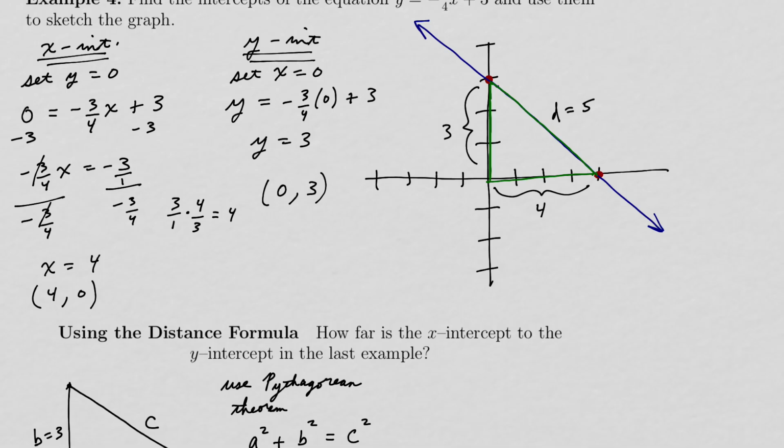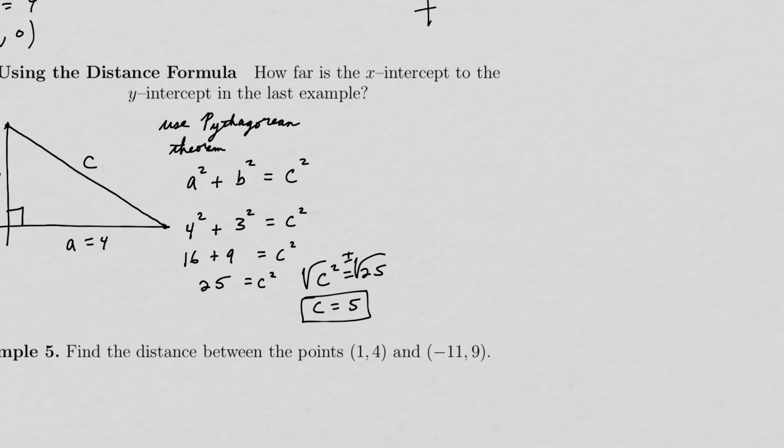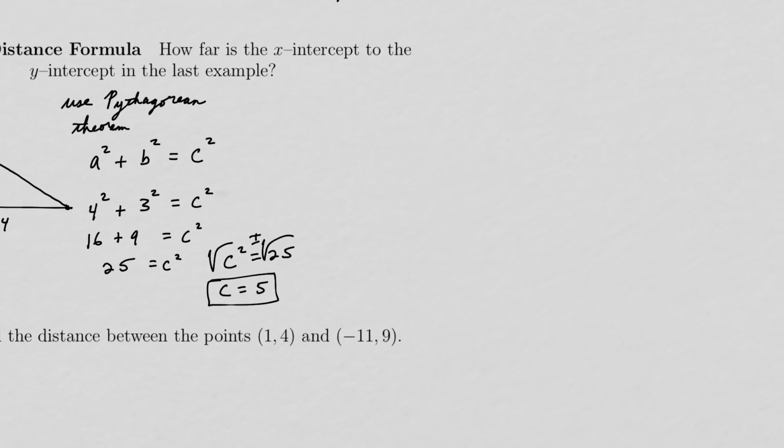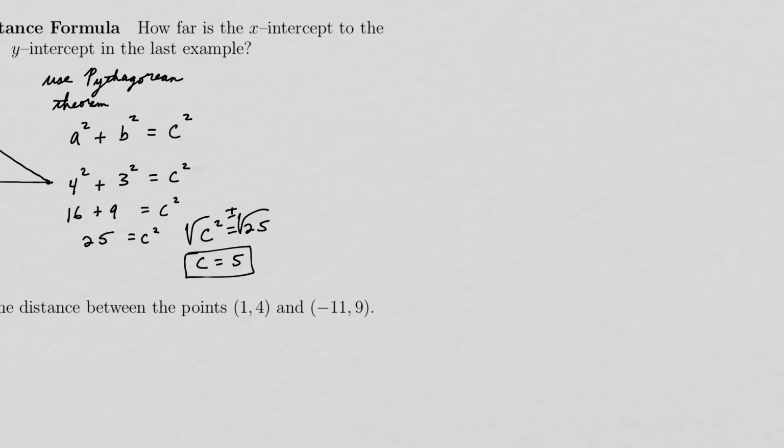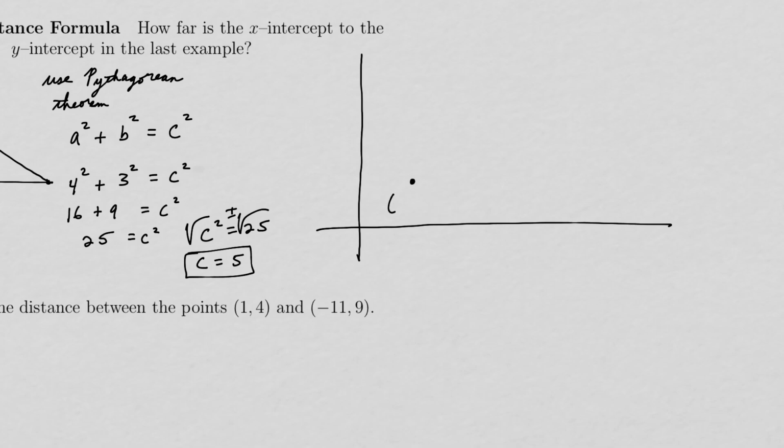Okay, what about in general? How would you do this in general? It's basically the same thing, just using the Pythagorean theorem, but let me write this out in the most general way I can. Let's say I have 2 points. I'll call the first point x1, y1.